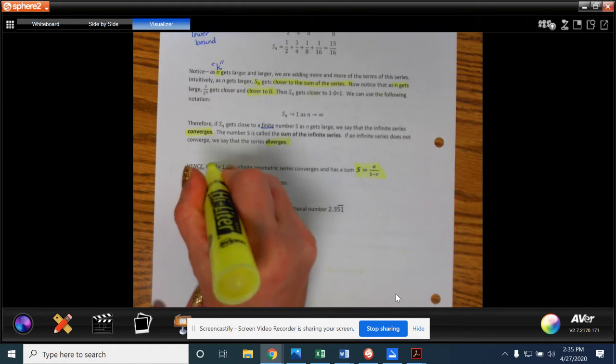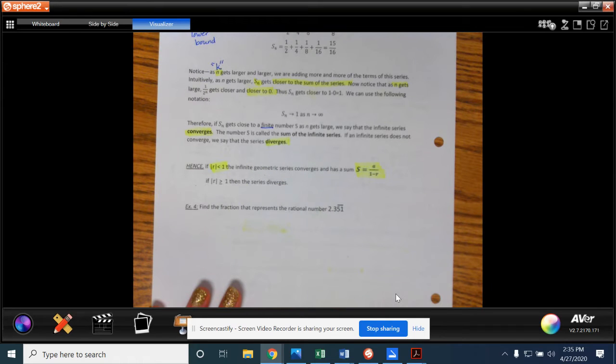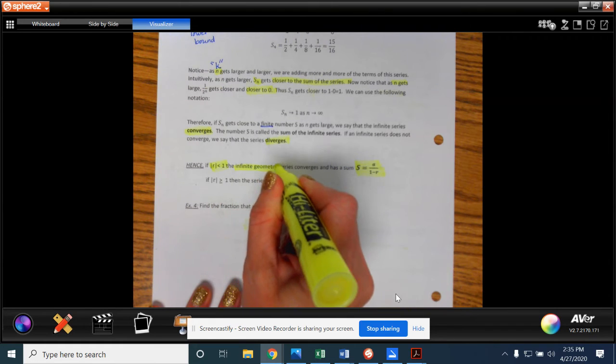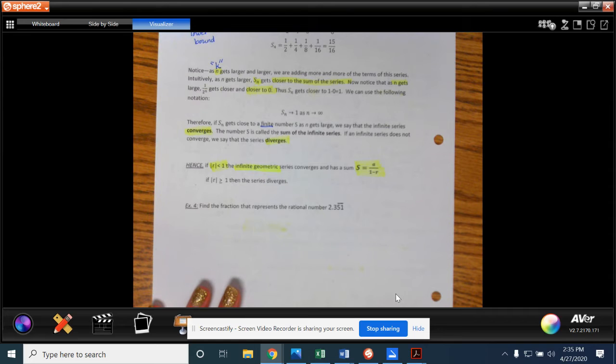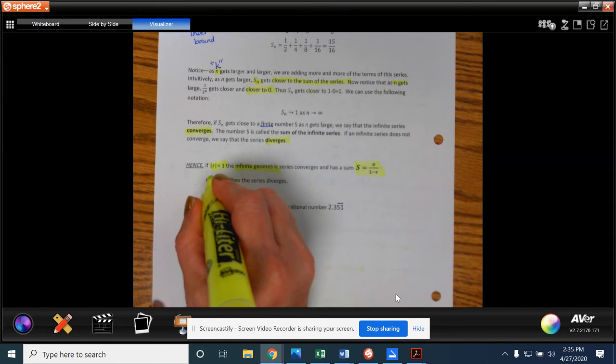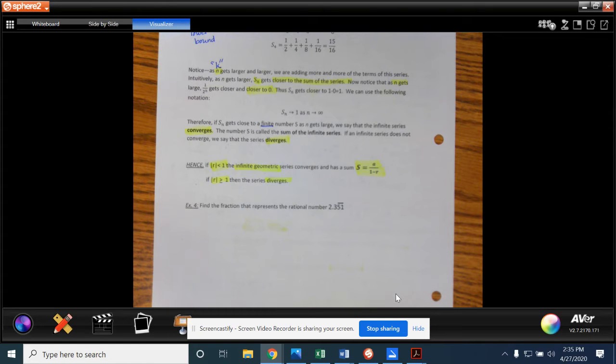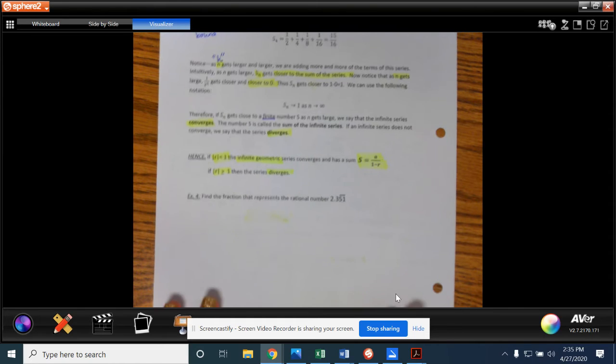That's only if the absolute value of r, the common ratio, is less than 1 for an infinite geometric series. And if it is greater than or equal to 1, then it will diverge, and there is no finite spot to find it. We're going to do one example about that and be done.